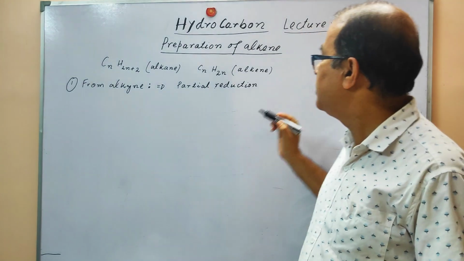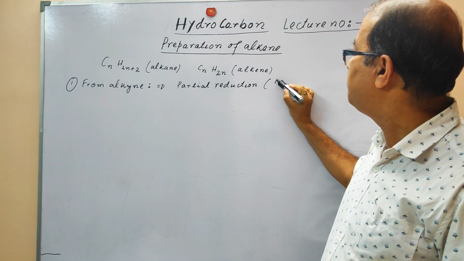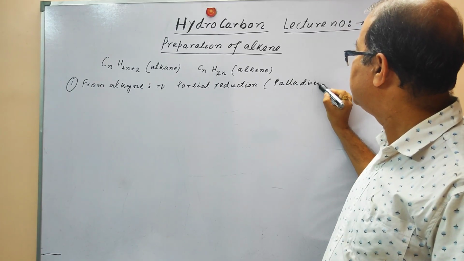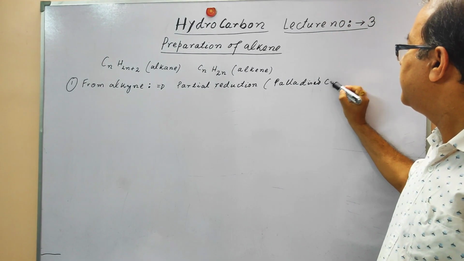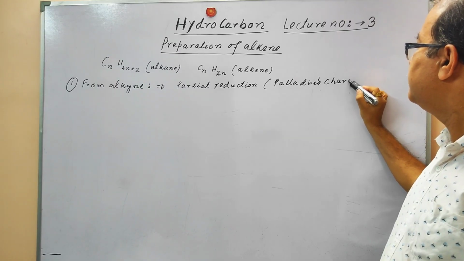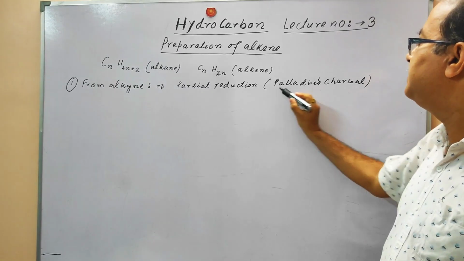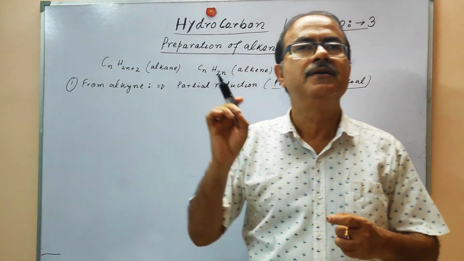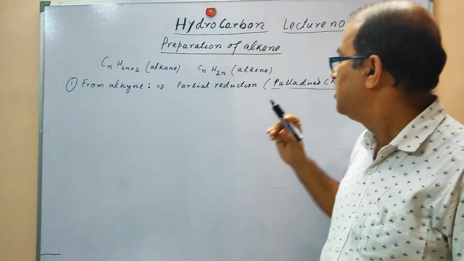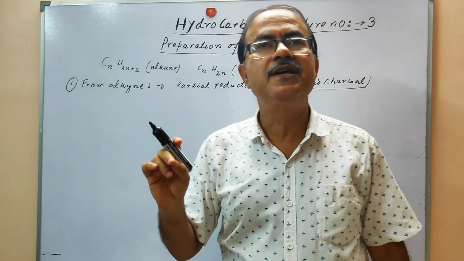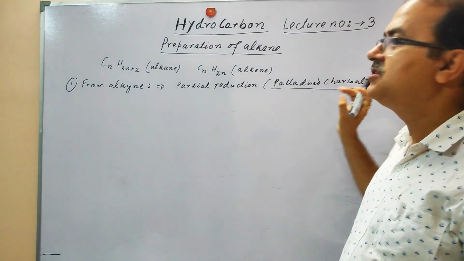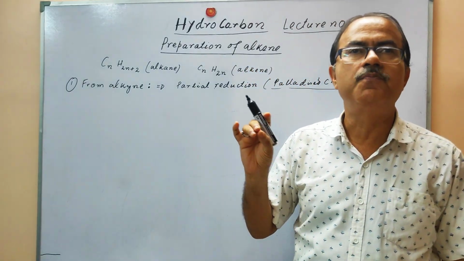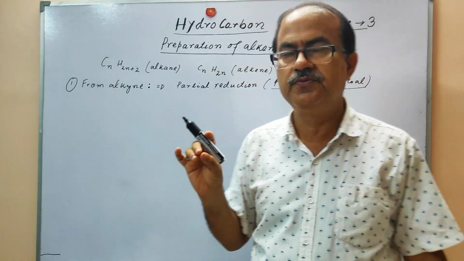in presence of a catalyst. This catalyst is palladized charcoal, which is again deactivated by using poisons like sulfur compounds. The reaction is carried out in presence of palladized charcoal, which is partially deactivated in presence of poisons like sulfur compound.